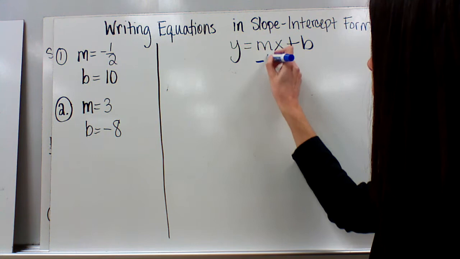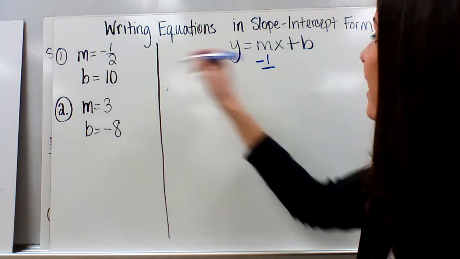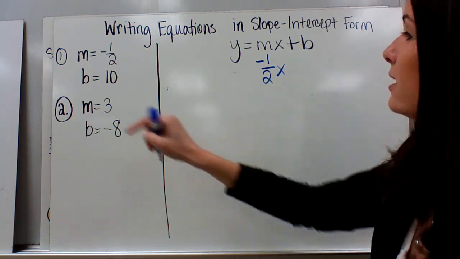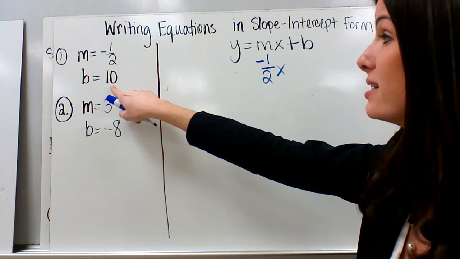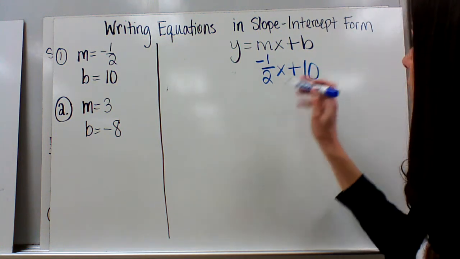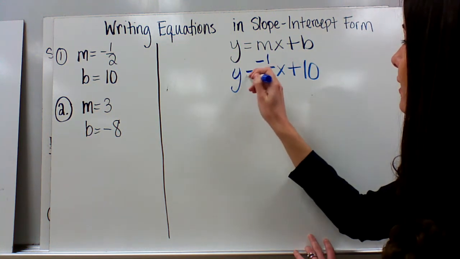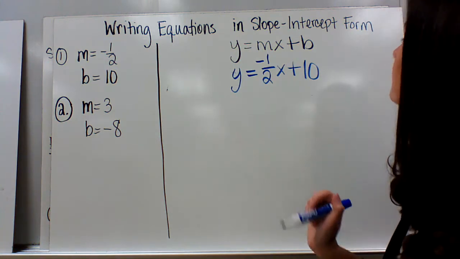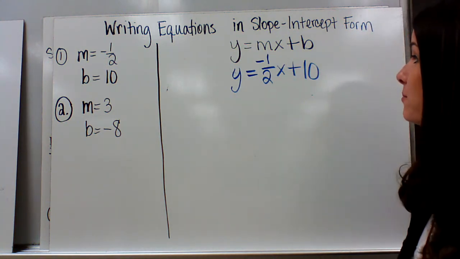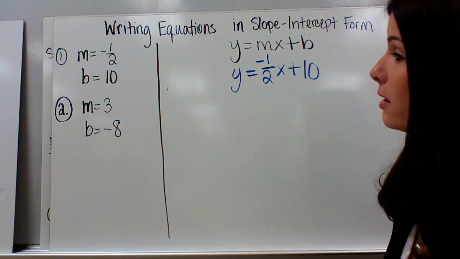So I'm going to put -1/2 in front of the x. And since b is +10, then I'm going to put +10. And then everything else, the y equals and the x are always the same. So y equals -1/2 x plus 10 is our equation.